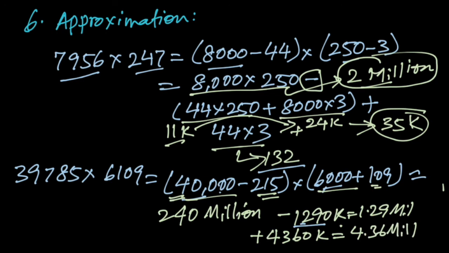So 215 times 6,000 is 1290k, which is 1.2 million, and 40,000 times 109 is 4.36 million. So which is roughly 3 million. So we have to add 3 million to it. So it becomes 243 million.